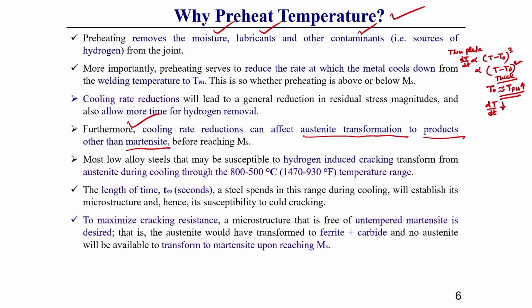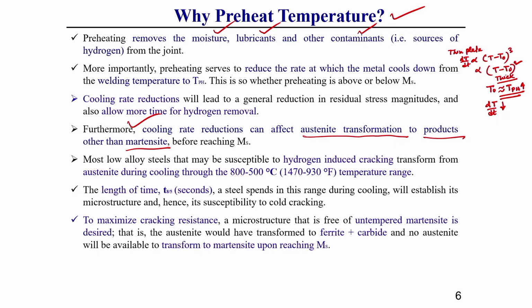But if the cooling rate decreases, that means it takes more time, from the TTT diagram I have already shown, this martensite formation you can avoid. That is why if you apply the preheat temperature, you can avoid martensitic formation, because martensitic formation has an adverse effect on weld quality. How it is, everything in detail I will discuss.